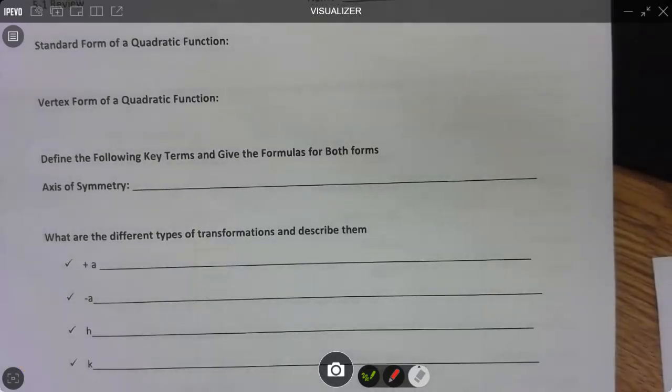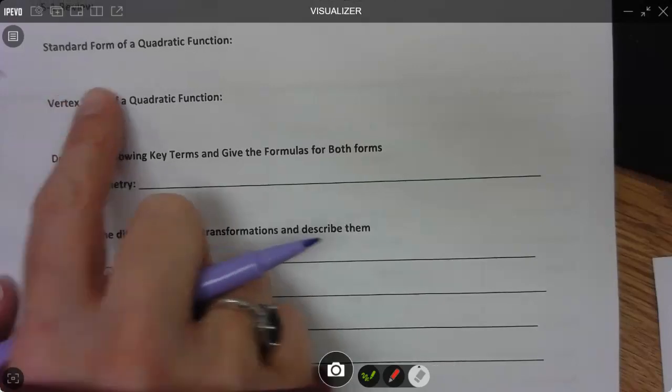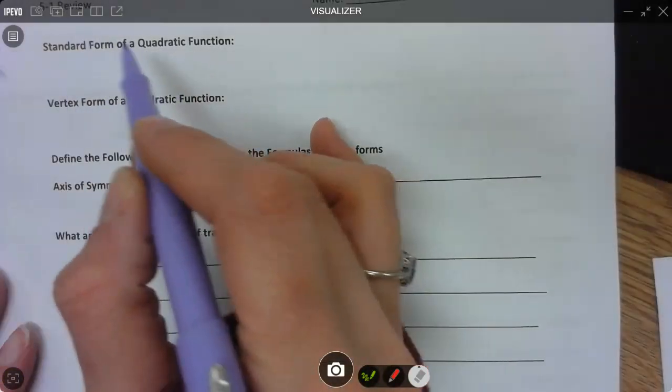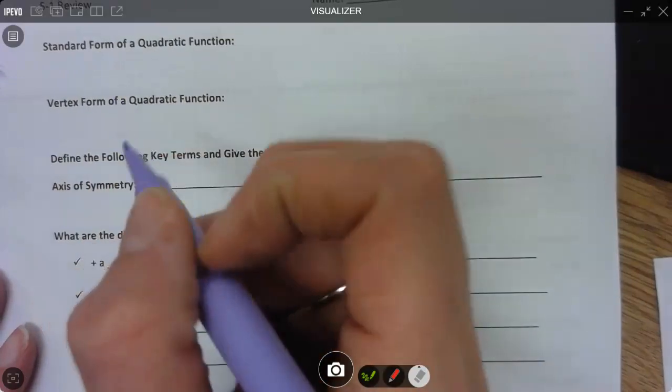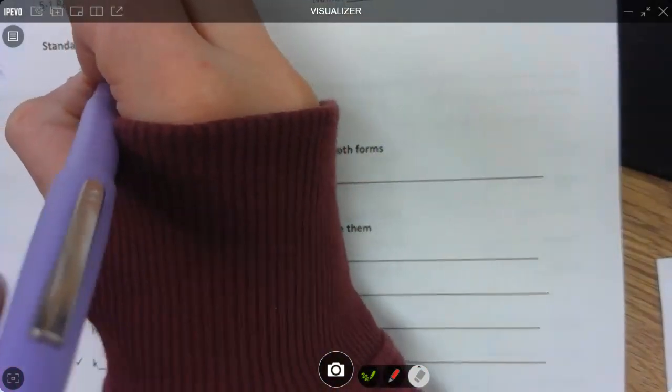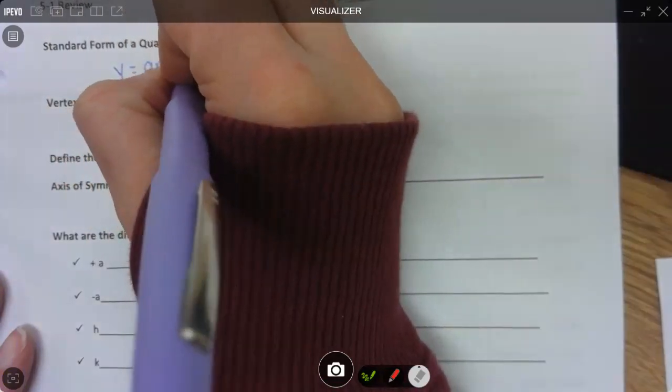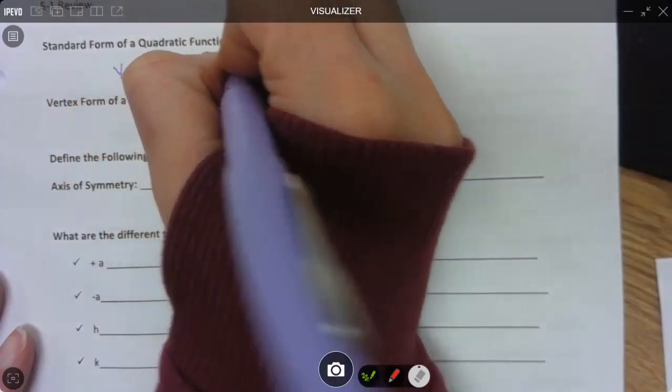Alright, so like I said, I just want to simply walk through and review everything we've done this week involving quadratic functions. A quadratic function has two forms: standard form and vertex form. Standard form is y equals ax squared plus bx plus c.